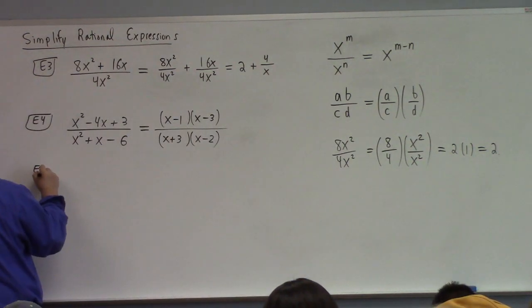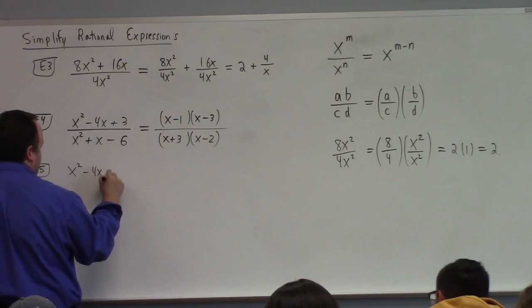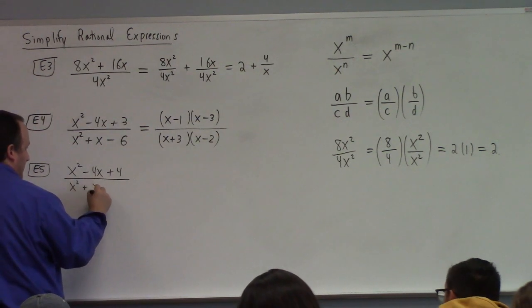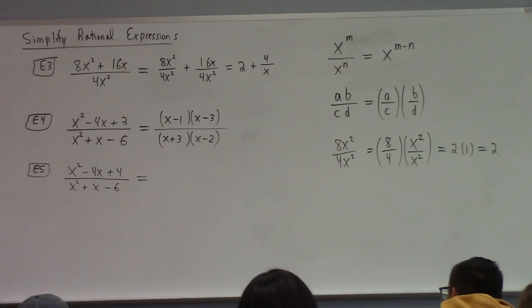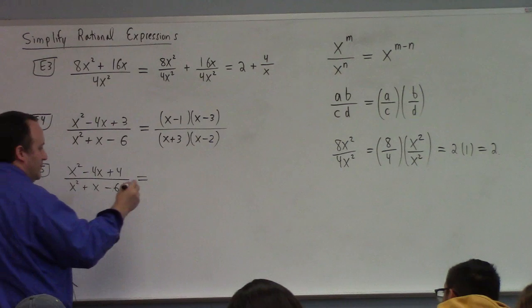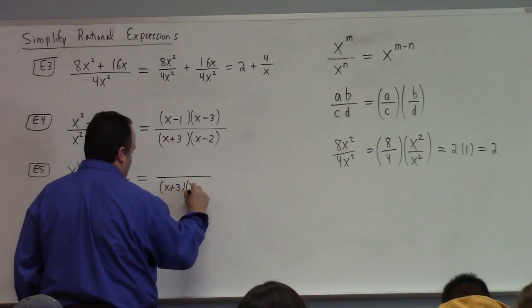So example 5, on the other hand, something interesting will happen. If we have x squared minus 4x plus 4, like I erased because I'm a dummy, how would that go? Well, the denominator is the same as the one we just had, so we can still factor that as x plus 3 times x minus 2.